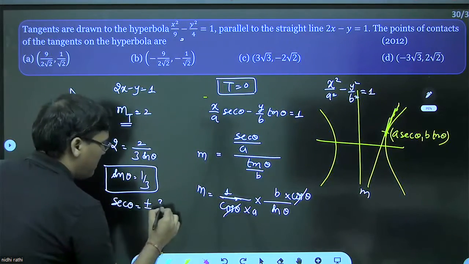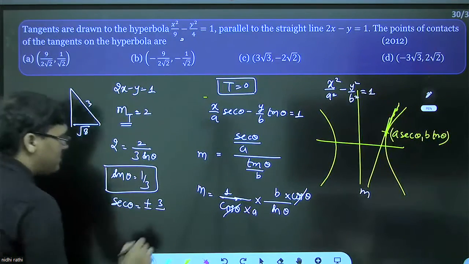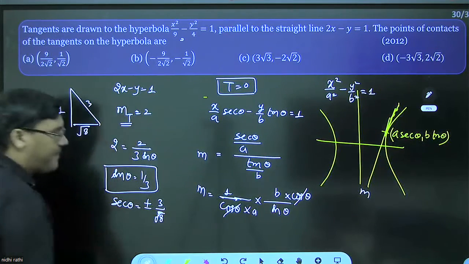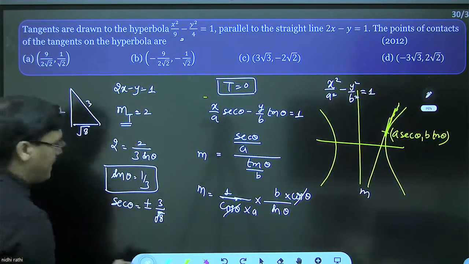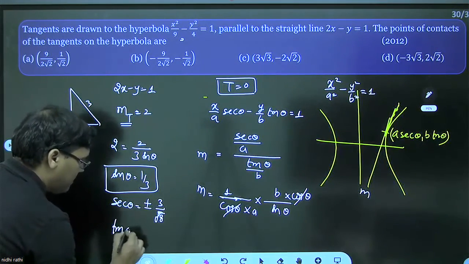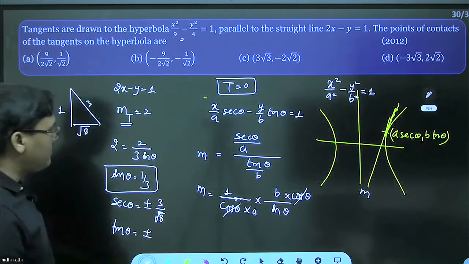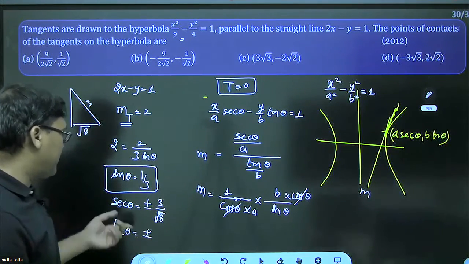What is hypotenuse? 3. What is base? This is root 8. Right? And what is required? Tan theta. So what is tan theta? Tan theta again plus or minus.